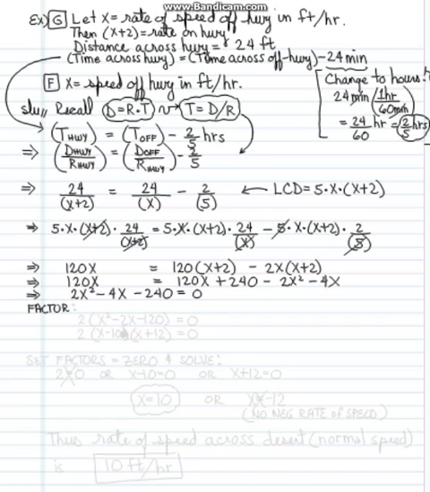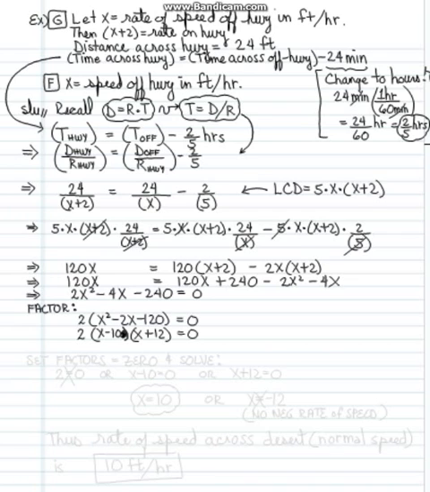Because this is a second degree equation, we factor the non-zero side. First we can pull out a 2. It leaves x squared minus 2x minus 120 equals the other side. And then we'll factor by guessing. 2 times x minus 10 times x plus 12.